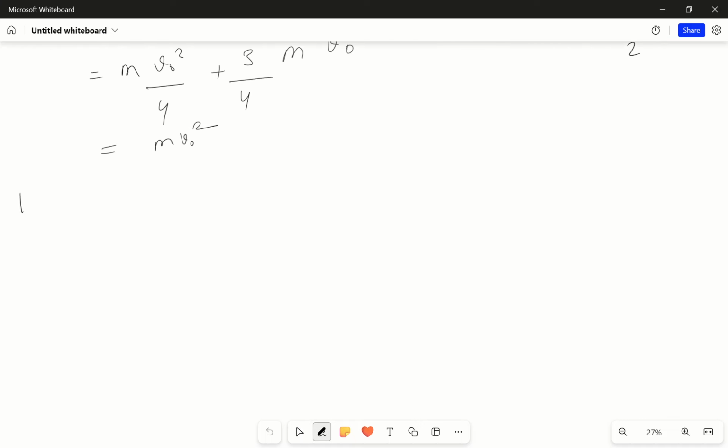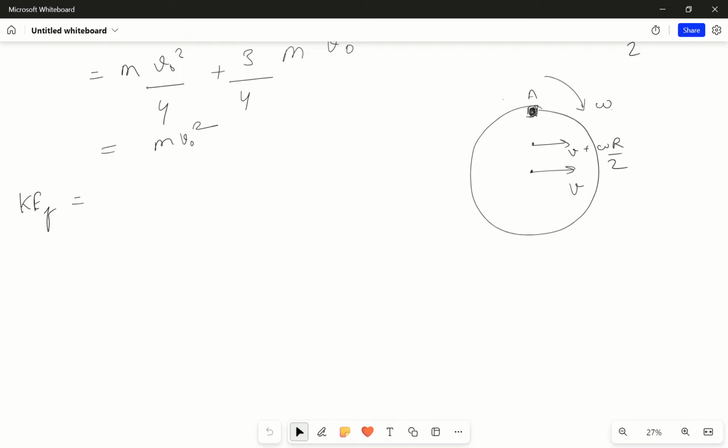We have to find kinetic energy final. Now it's quite simple. It is quite obvious what we have to do. What is the final velocity of center of mass? Center is here, body is here. You can write the final velocity of center as v, and it was rotating with omega. So the final velocity of center of mass is v plus omega r by 2, right? Yes.